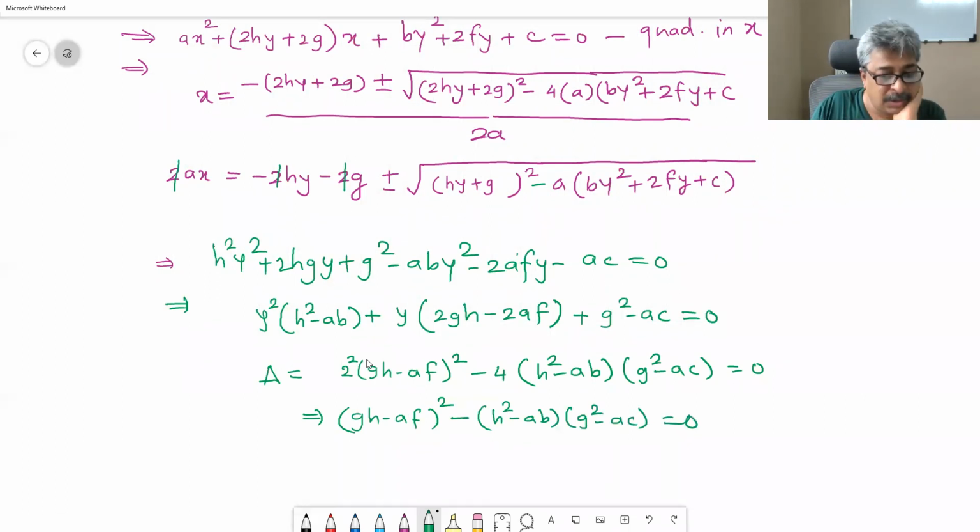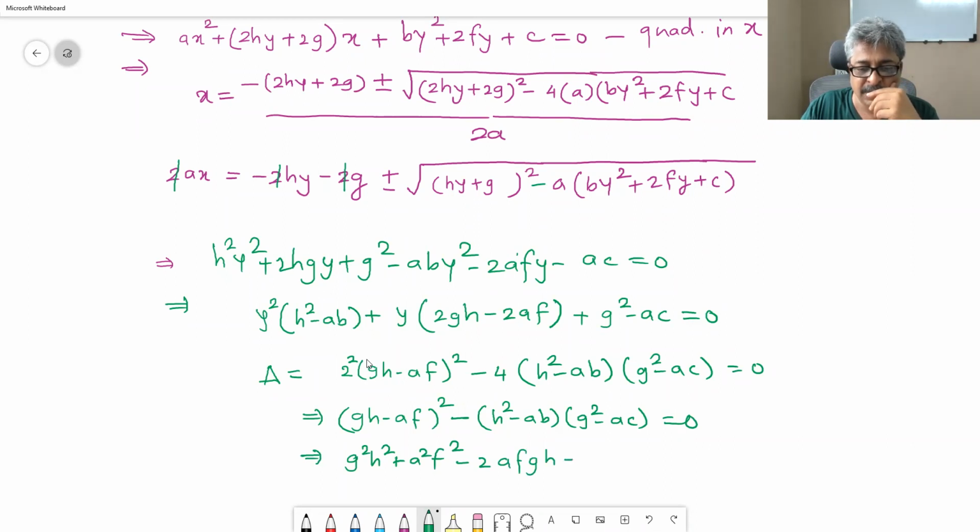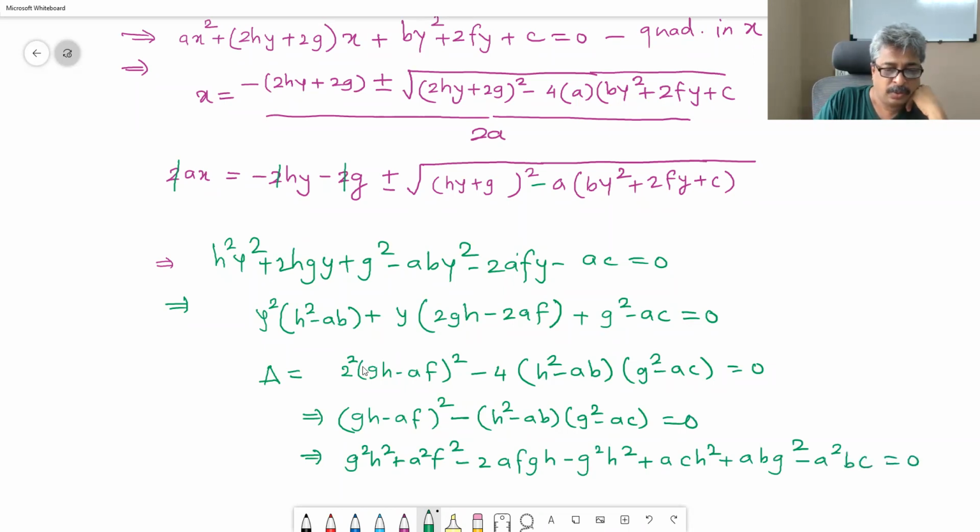And this is how they are supposed to be related. So what do we finally get? That is g square h square plus a square f square minus 2afgh minus g square h square plus ach square plus abg square minus a square bc is equal to 0.